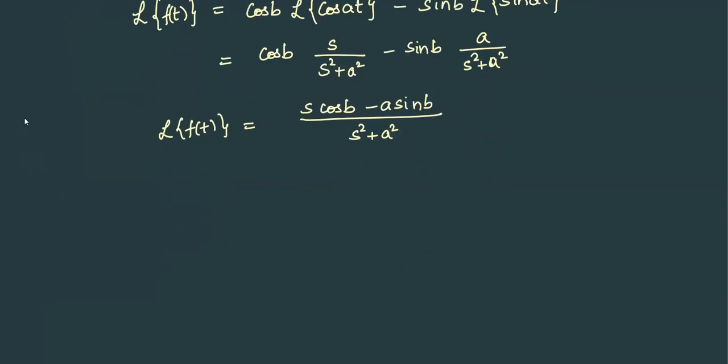Next. F of t is t minus sine hyperbolic 2t. So one hyperbolic function we are introducing. So, solution.